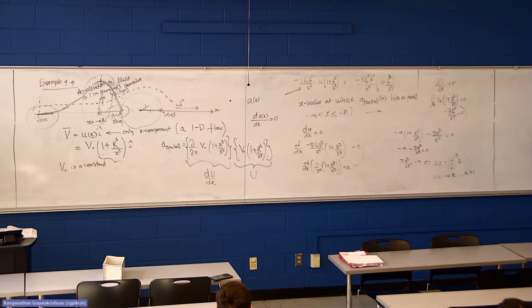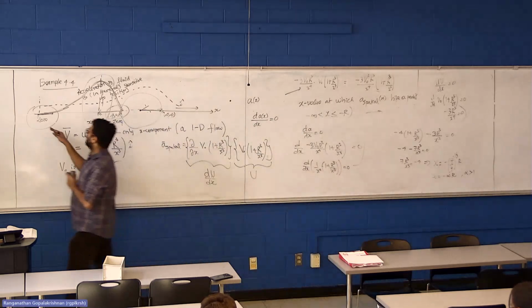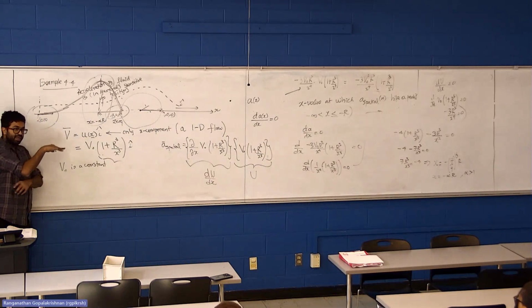Okay, yeah. Is the initial velocity the largest velocity? That's what I'm saying. So she is saying the peak already happened at the leftmost and it's all downhill from there. Right? That's what you're saying, correct?